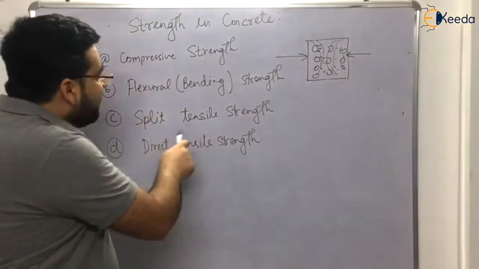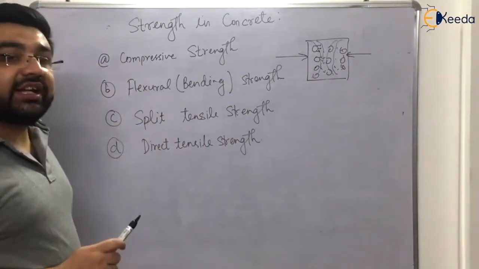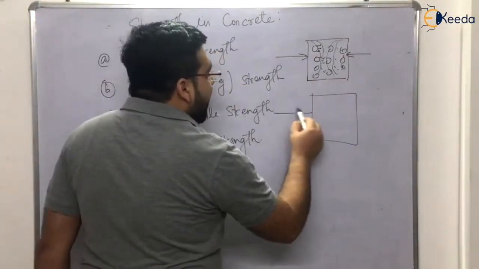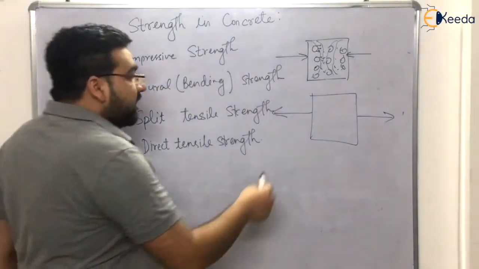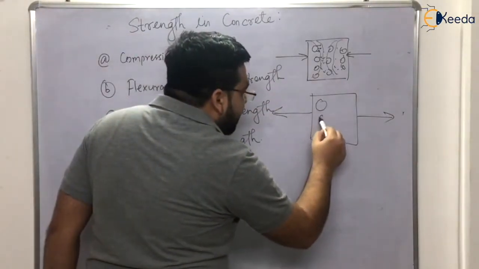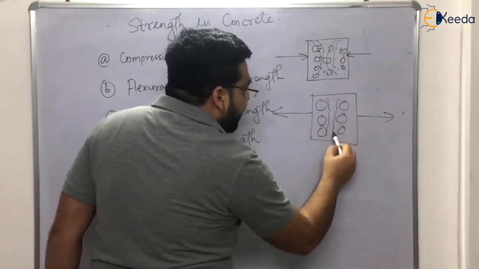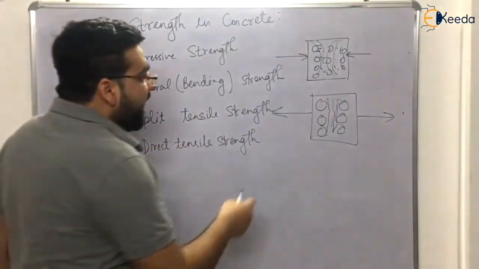But as far as tension is concerned, if tension is caused in a cubical sample, let us say this is again a cubical sample and you are applying some tension. Let us say these are the aggregates, with cement in between the aggregates. Now if you are applying some pull, what will happen?